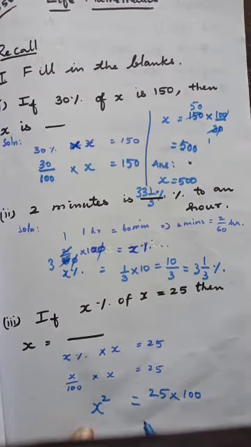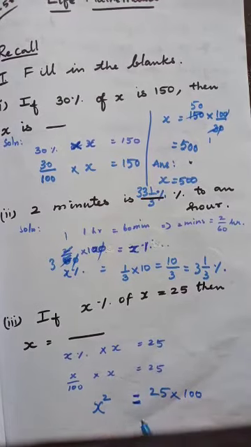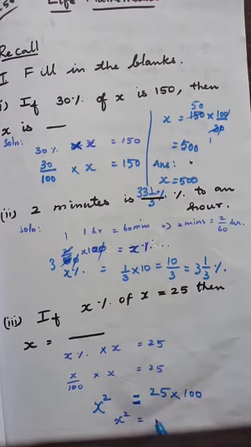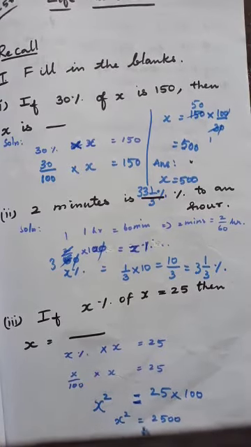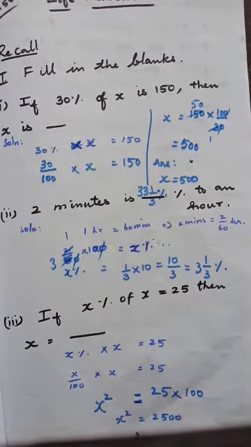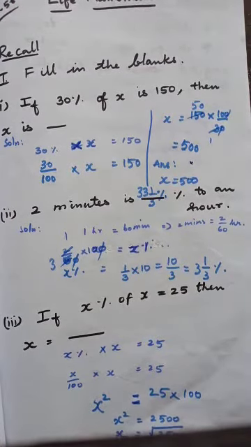So x square is equal to 2500. Then square goes to that side, means root. So root 2500, x is equal to.